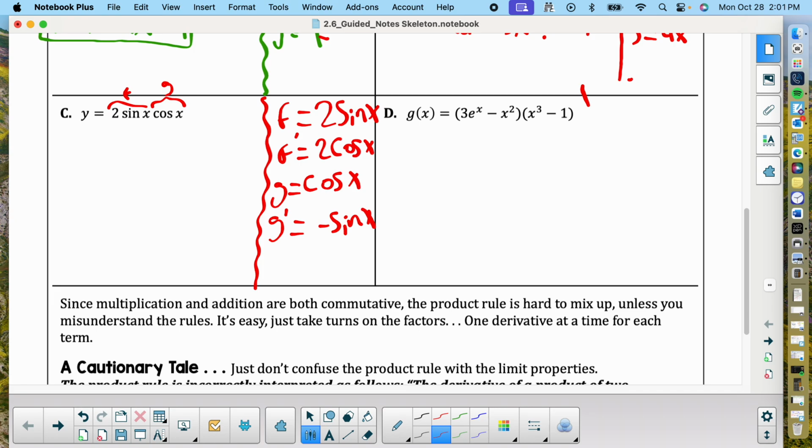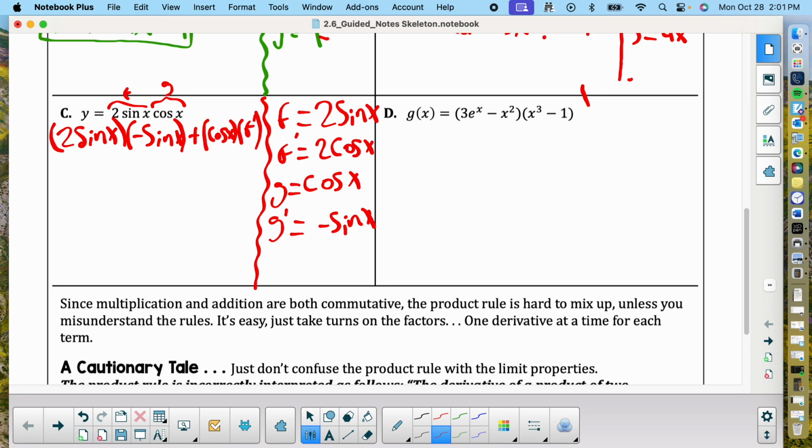Which one's first? I mean, it doesn't matter, but it's F. F G prime plus G F prime. Perfect, G F prime.